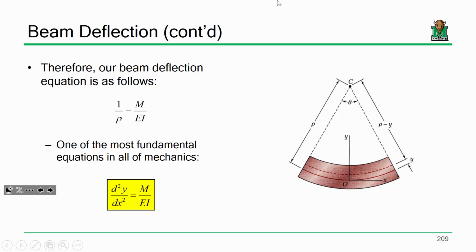This is one of the most fundamental equations in all of solid mechanics. It's all over the place: the relationship between moment and curvature. You might hear it called the Euler-Bernoulli beam bending equation, the differential equation for deflection, the governing diffy-Q, or moment curvature. It has a number of names, but in the end it's all the same thing.